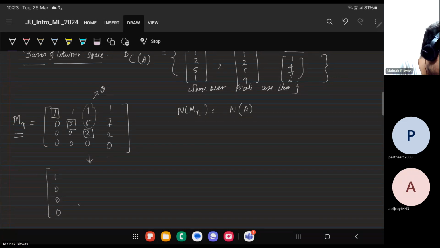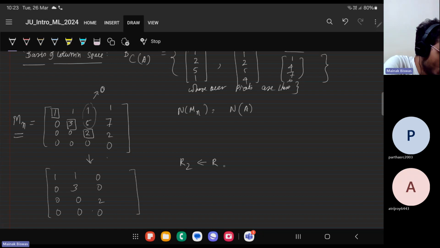So I will do 0 2 0 0, right? What will the other rows become? There will be no change in the first and second column, and the fourth column will change. How will it change? Now, tell me. So I am doing R2 as R2 minus 5 by 2 times R3, right?